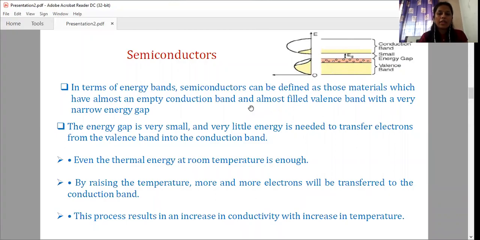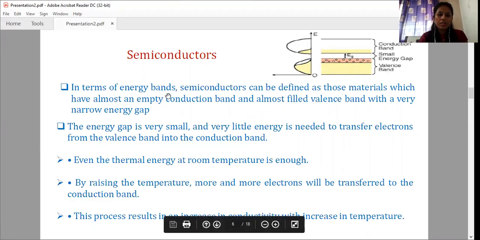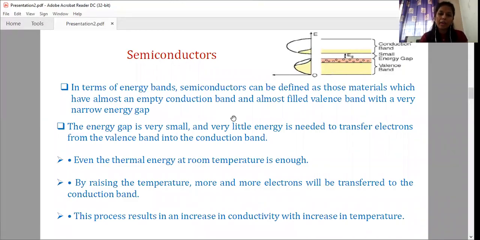The most important topic of the semiconductor is this. The energy bands of a semiconductor can be defined as those of a material which has an almost empty conduction band. I have already told you that the conduction band is almost empty and the valence band is almost full.